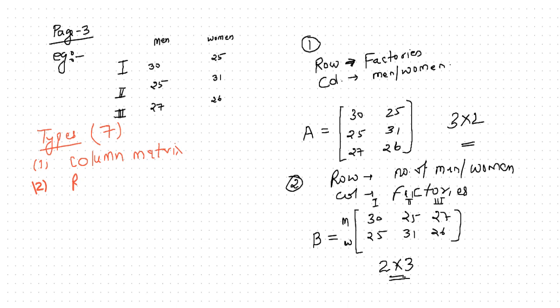Similarly, second one is row matrix. Third one is square matrix.